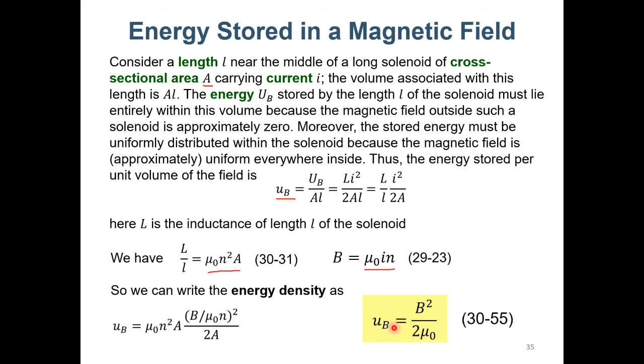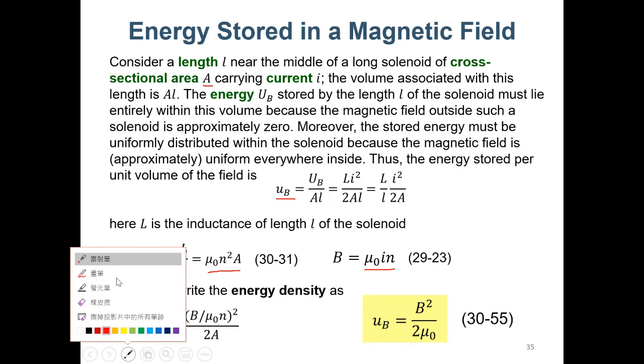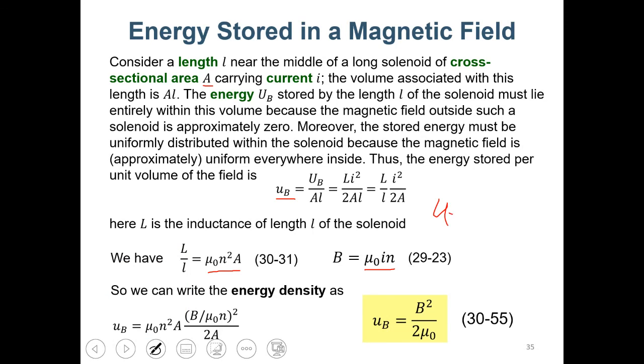And if you can still remember, in chapter 25, we have UE equals one half epsilon naught E squared. So I've mentioned several times that in electrostatics we have epsilon naught, and for magnetism we have 1 over mu naught, and we have E here and B here.